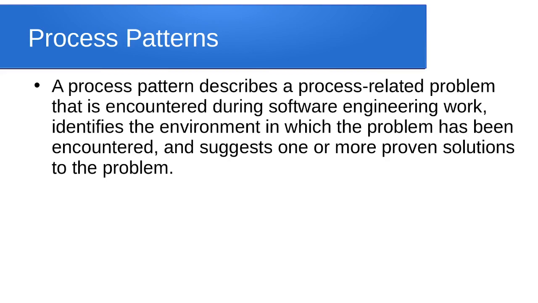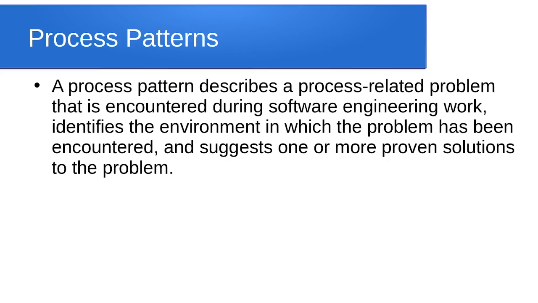These problems may occur, so we name these problems, saying this is the problem, and what are the ways we have handled it in the past, or what are the ways this problem can be handled.